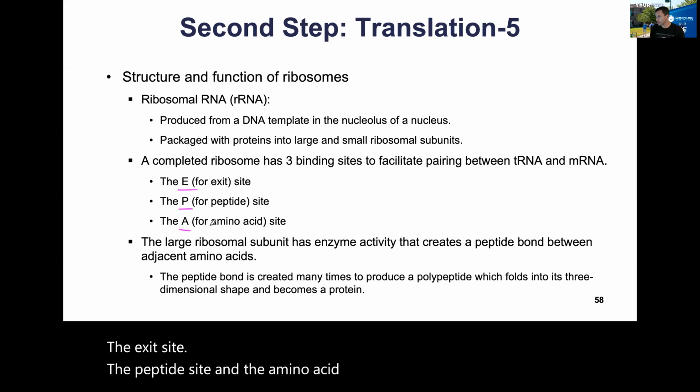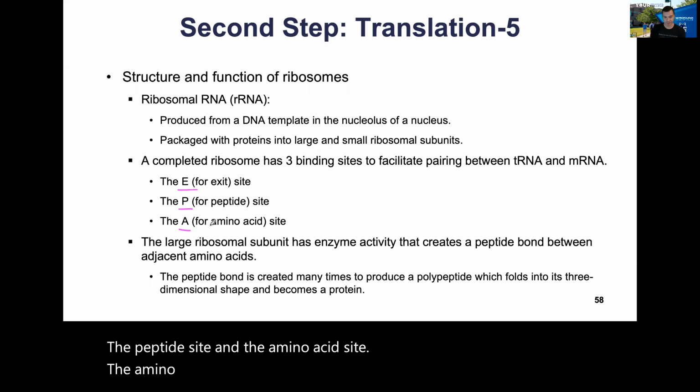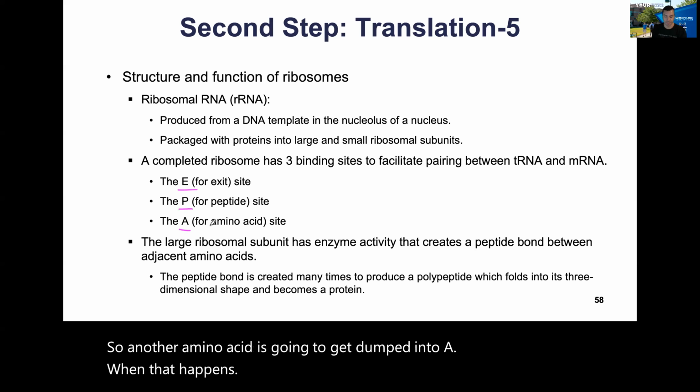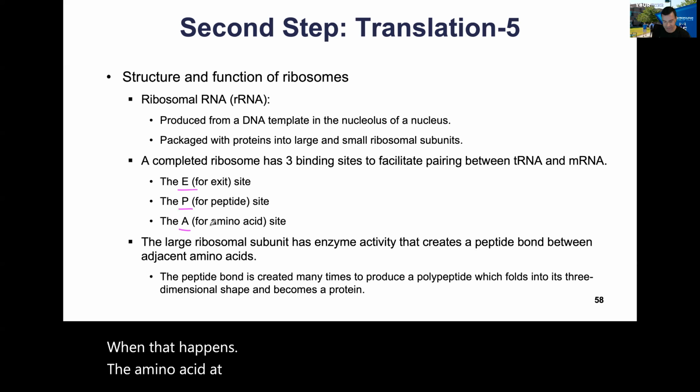The amino acid site is going to go into A. As it moves down, A goes to P. Well, that leaves A open, so another amino acid is going to get dumped into the A. When that happens, the amino acid at the P site and the amino acid at the A site get to connect through a peptide bond.